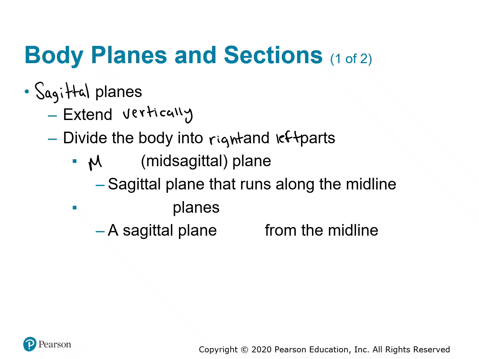A median sagittal plane, or mid-sagittal plane, is going to be right along the midline. If there was a laser right there that cut me right in half, a mid-sagittal plane would cut me into my right and left parts respectively.